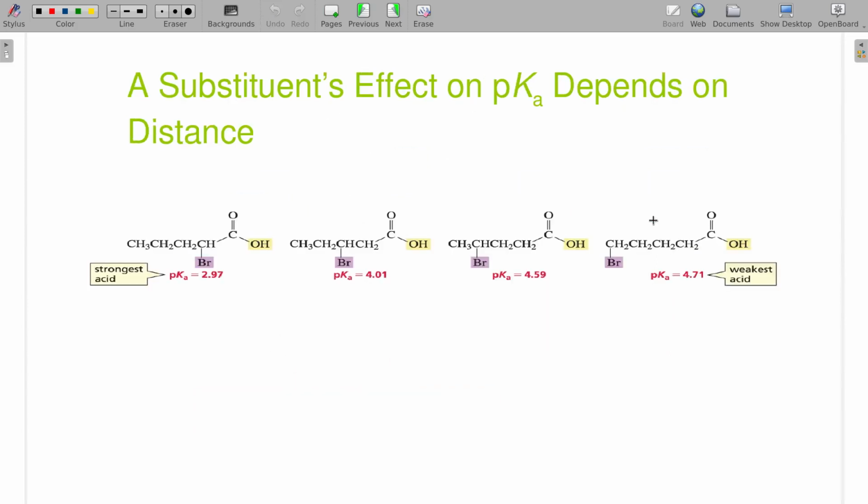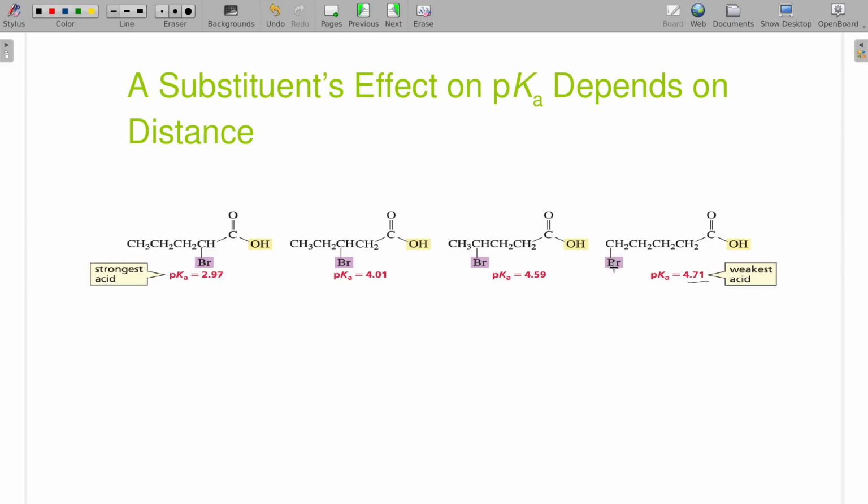Now, we also have to look at where it's at. So I went with a bigger molecule. This particular carboxylic acid has 5 carbons in it. Now, by itself, it's going to have a pKa of around 4 to 5. I don't have that up here, but it's going to be about 4 to 5. But if I put a halogen way out at the end, the pKa is very similar to what we'd expect to see even without that.